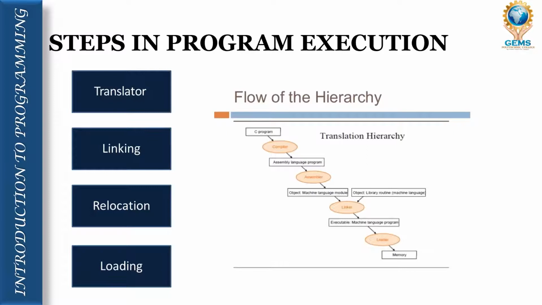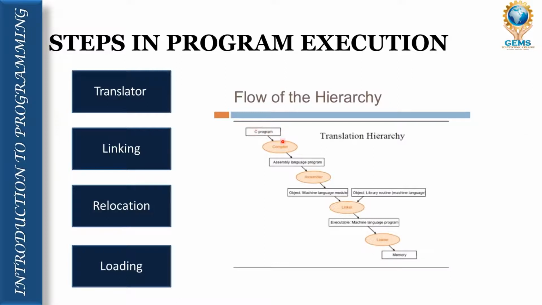So this is the step by which our program execution takes place. In this we are going to see the flow of our translation hierarchy. So here is the C program.